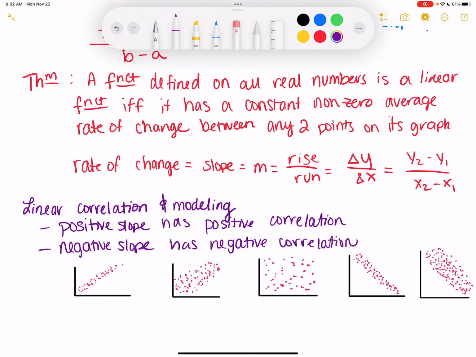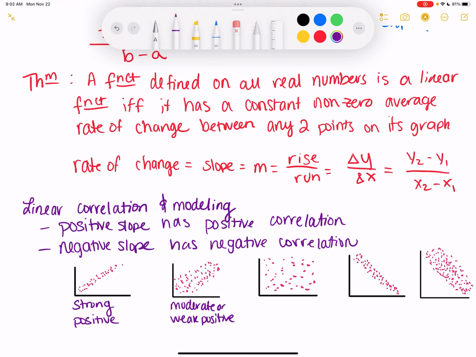Alright, so this first one is strong positive. We do have words underneath them, really. Strong positive. Second one, moderate or weak positive. Plus, you don't have to read something and figure out what that is. This is just notes.